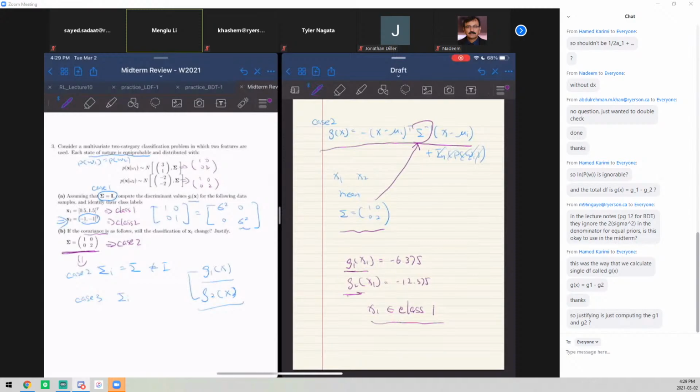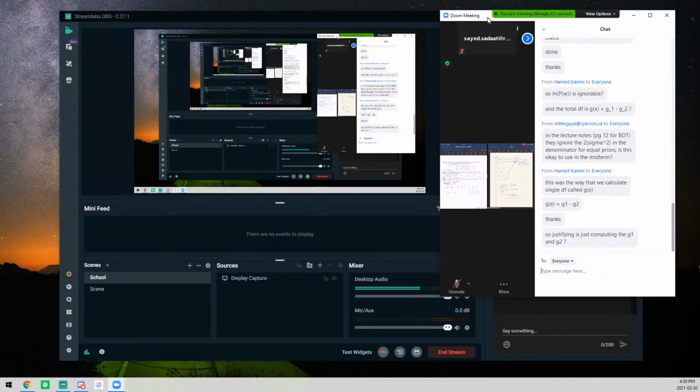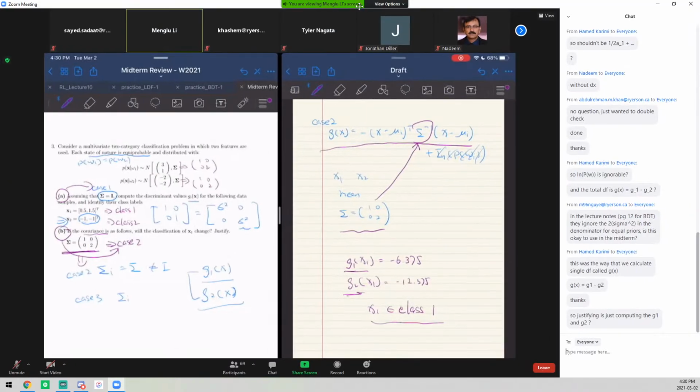For part D, just calculating the G1 and G2. The thing they want to ask is, you need to know that part A is case 1 and part B is case 2. That's the only thing they want to ask. The equation is already given in the notes, but they just want you to identify which case this Gaussian belongs to.